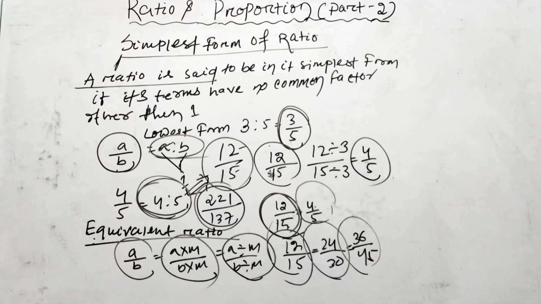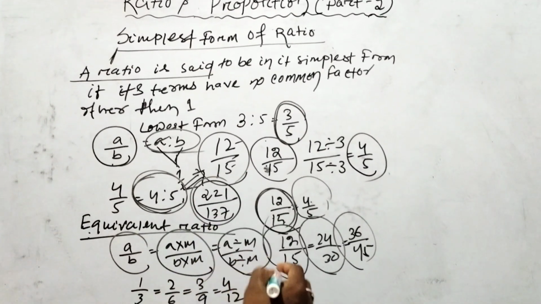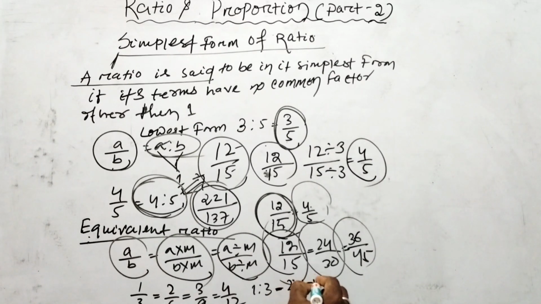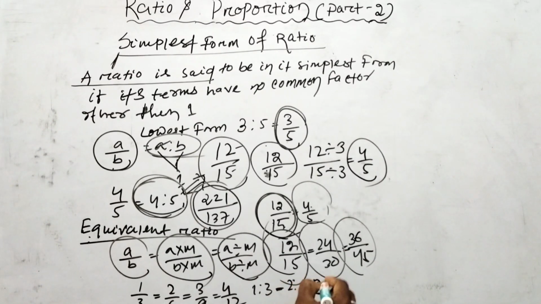Ratios which can be expressed as one common ratio in the simplest form are called equivalent ratios. Similarly, 1 by 3 is equal to 2 by 6, equal to 3 by 9, equal to 4 by 12. That means 1 is to 3 is equal to 2 is to 6, equal to 3 is to 9, equal to 4 is to 12, are equivalent ratios.